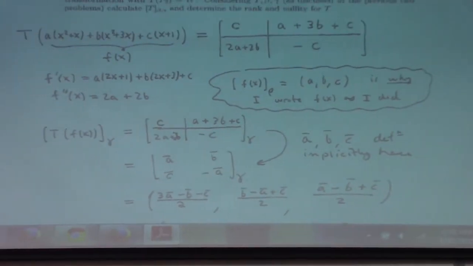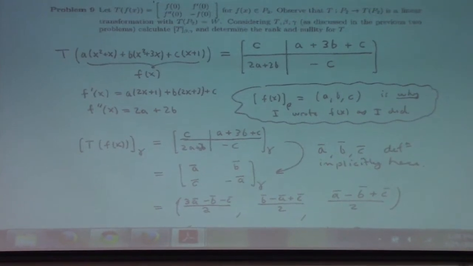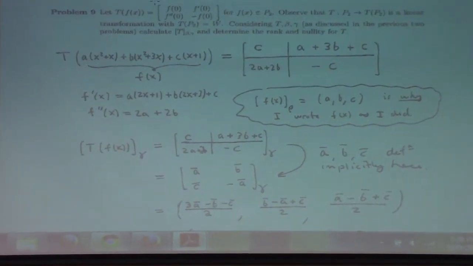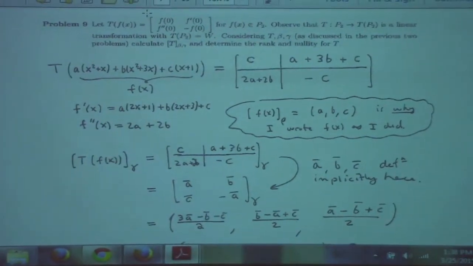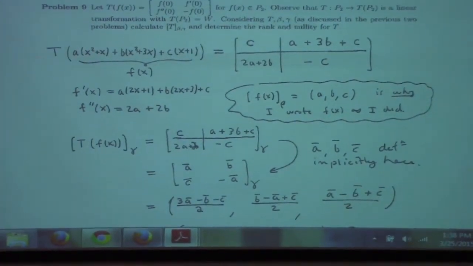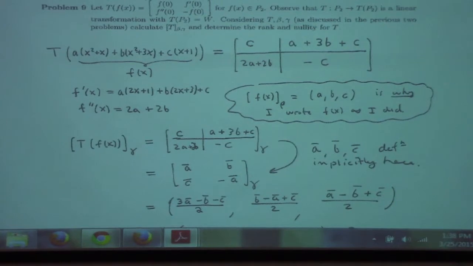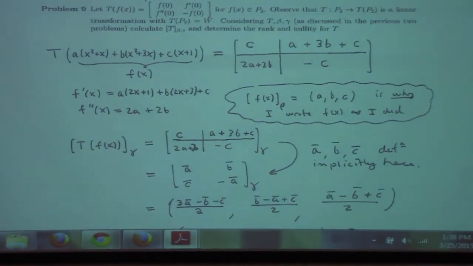Problem 9. A lot of the trouble is really picking the right starting point. Now, if you had started with T of ax squared plus bx plus c, that is definitely the wrong way to start.